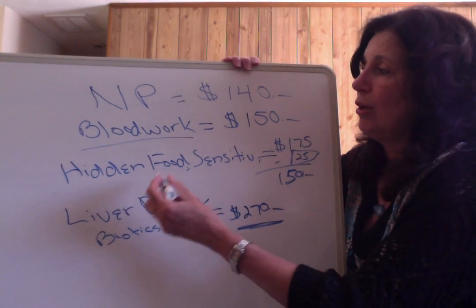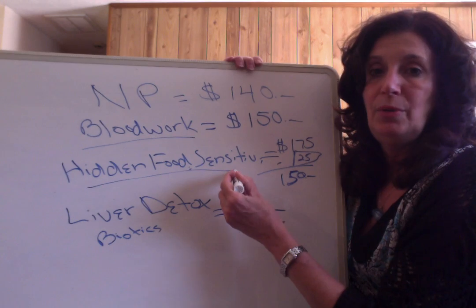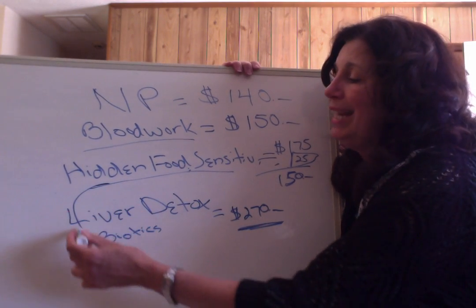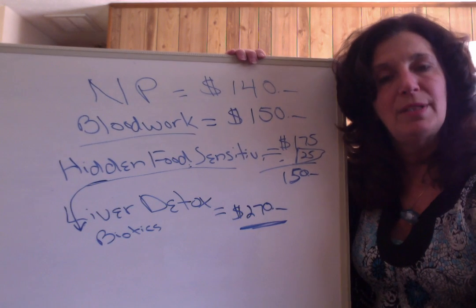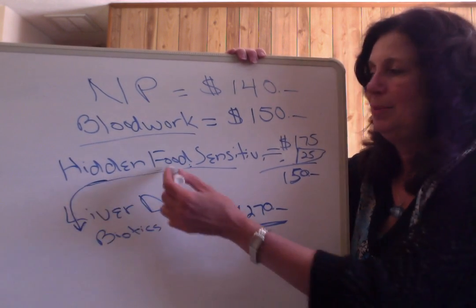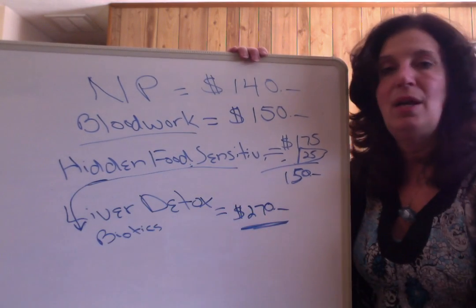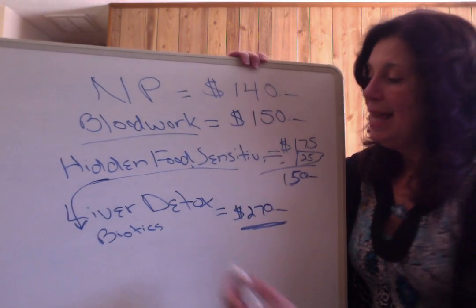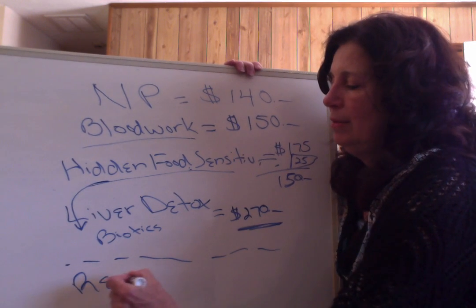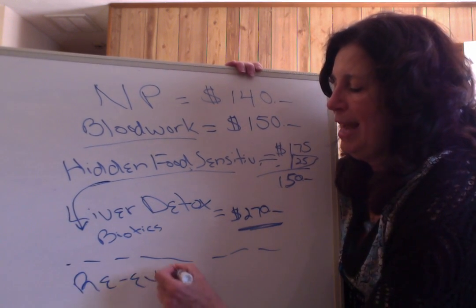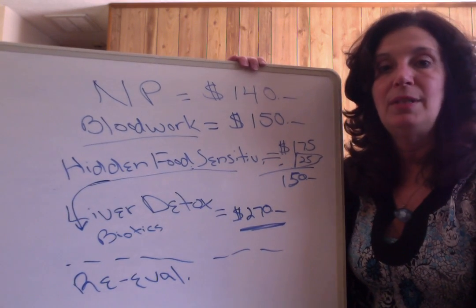Why this order is that we want to identify foods we're sensitive to so that we're not eating them while we're doing this liver detox. We're trying to get toxins and waste out of the body. We don't want to be putting things into the body while we're trying to get them out. So that's the reason for that order, okay? And then at this point is whenever we do that reevaluation. We'll do the symptom survey and possibly blood work at that point if we didn't do it to begin with.